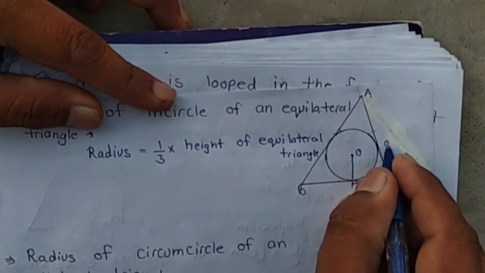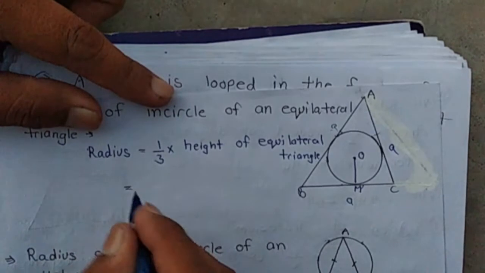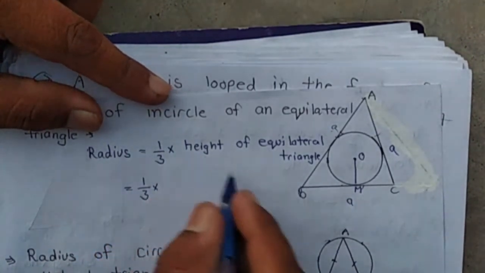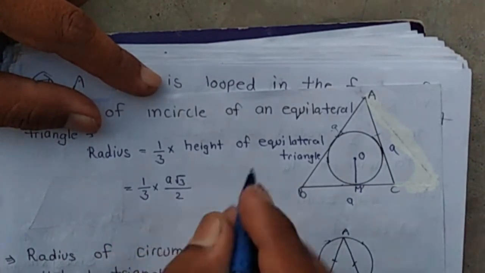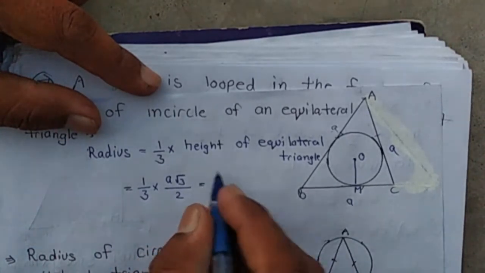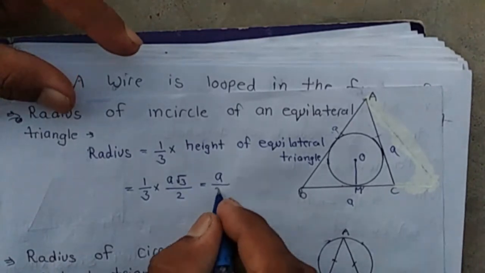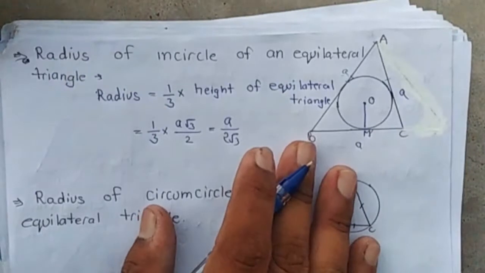If the side of the equilateral triangle is A, then its height is A root 3 by 2, so 1/3 into A root 3 by 2, then the radius is equal to A by 2 root 3. We multiply and divide it by root 3.